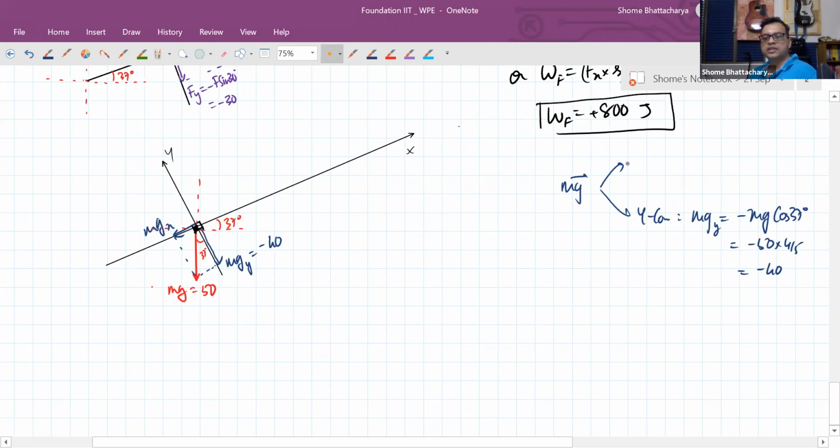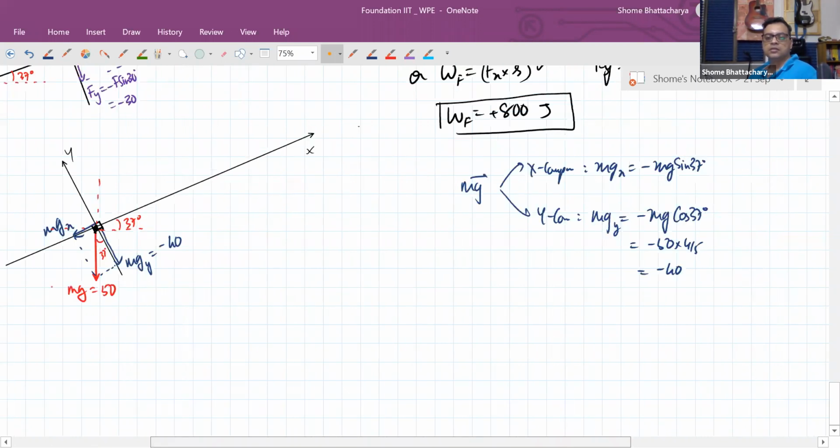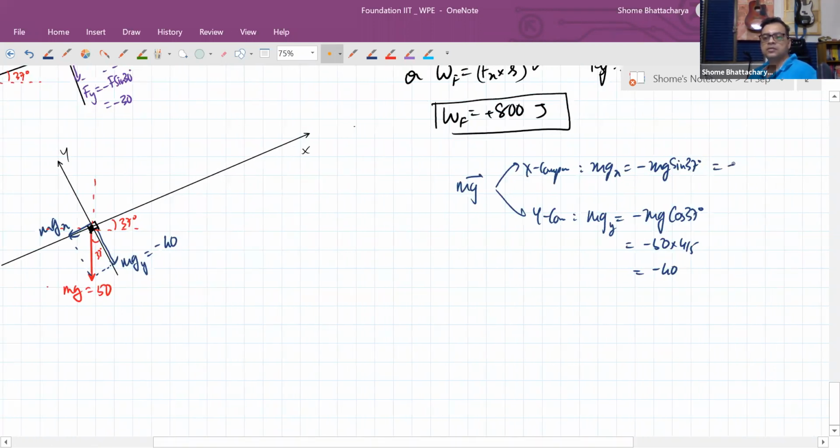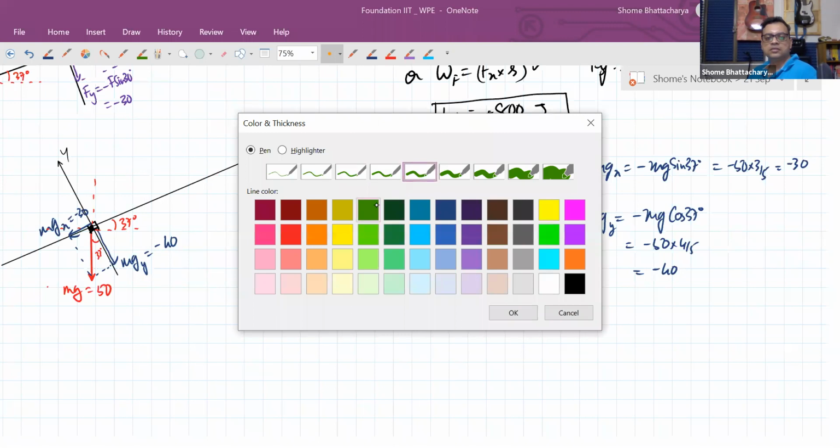Its x component is also negative of mg sine 37, so that is minus 30. Whereas the displacement vector you already saw earlier is along the positive x direction.